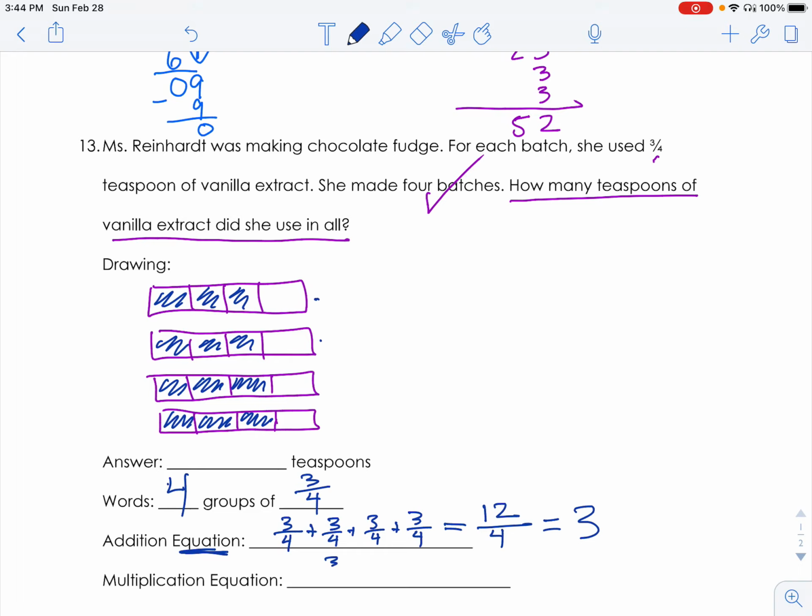I did 3/4 4 times, right? And we'll get the same answer that way, 12/4, or in other words, 3. You're multiplying that whole number by the numerator in your multiplication. Okay, so then my answer is 3 teaspoons.